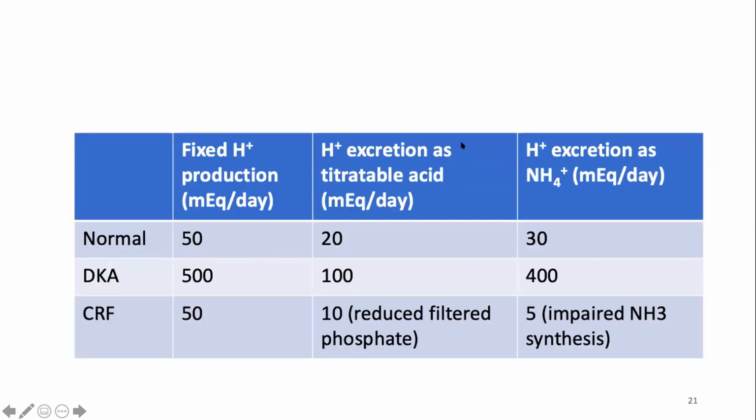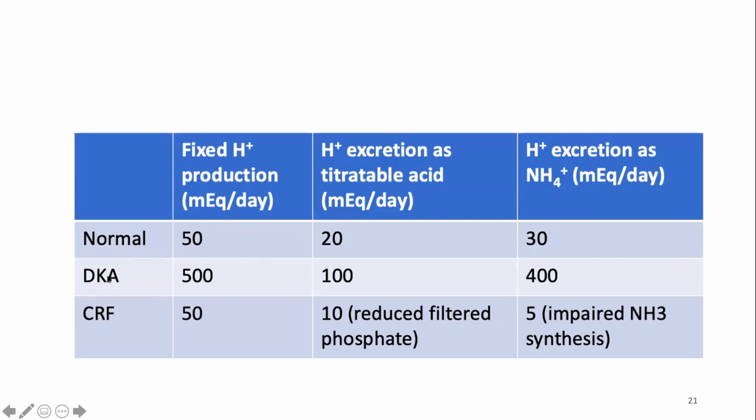Right. So which is the main type of H+ excretion in the body? In healthy people, we have approximately the same ratio of excretion as titratable acid and as ammonium, slightly higher as ammonium.